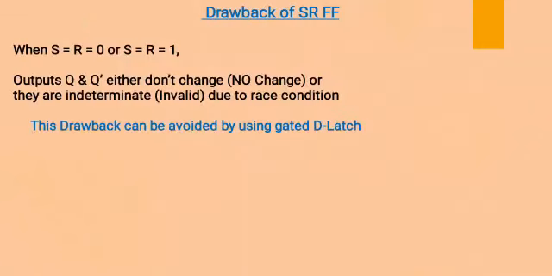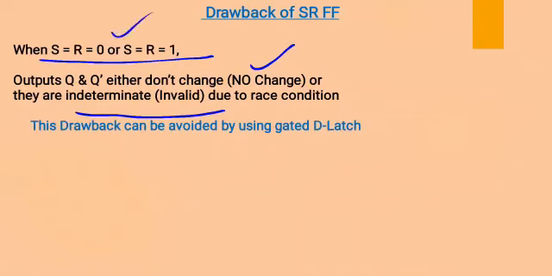Now we will see the drawback of the SR flip-flop with S equal to 0, R equal to 0 or S equal to R equal to 1. Outputs Q and Q complement either don't change, meaning we get a no change state, or they are in an indeterminate or invalid state due to the race condition, and we have to avoid both these conditions.